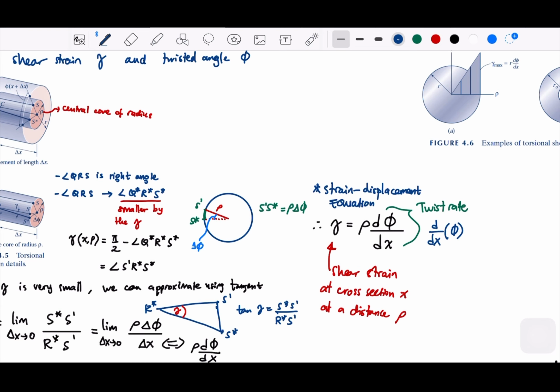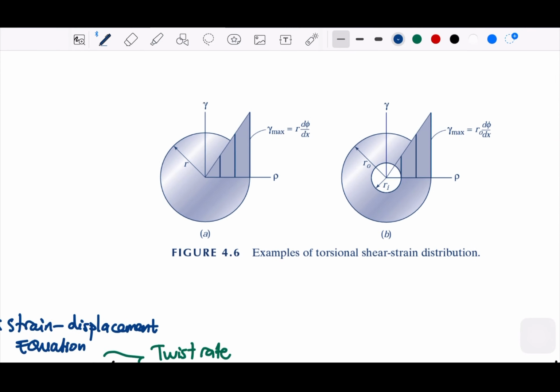If we take, for example, the shear strain max, for the left part, which is just the same bulk rod, but say we have something inside here, the strain max is still taken at the outside radius.